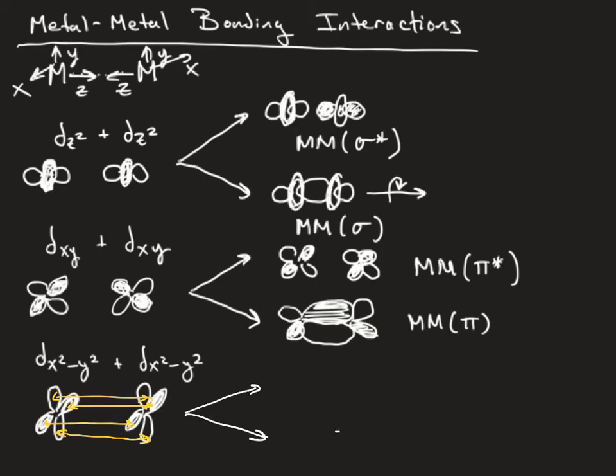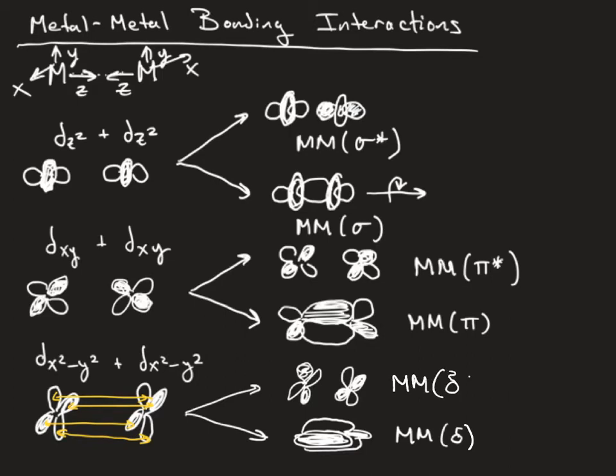Your bonding combination, I'm going to try to draw this, looks something like this. Your anti-bonding combination looks like this. We've now formed a delta bond. So this is a metal-metal delta bond, and the anti-bonding combination is your delta star.